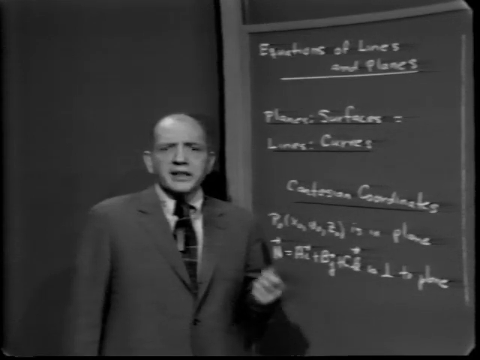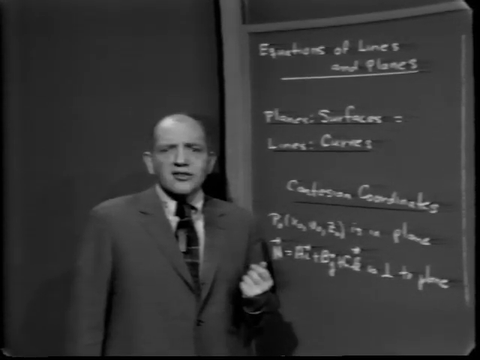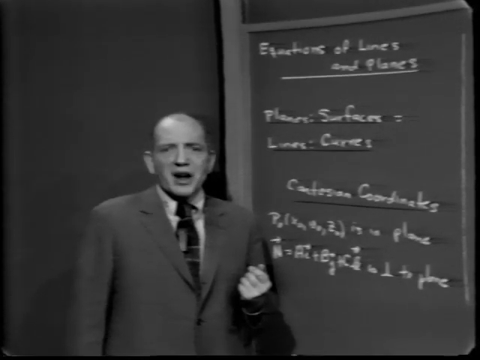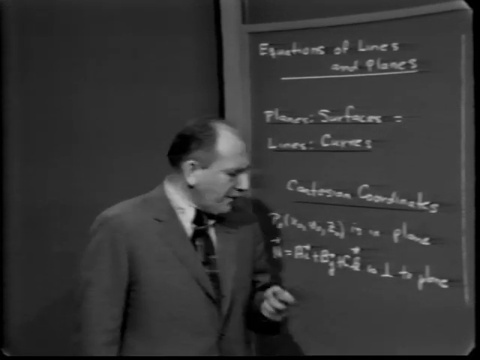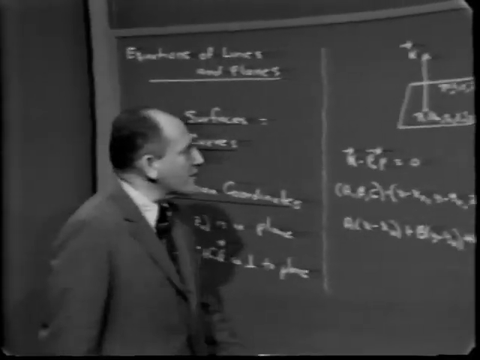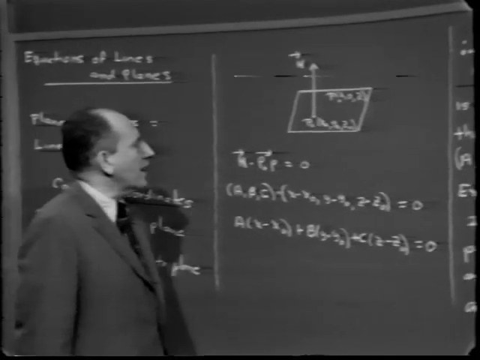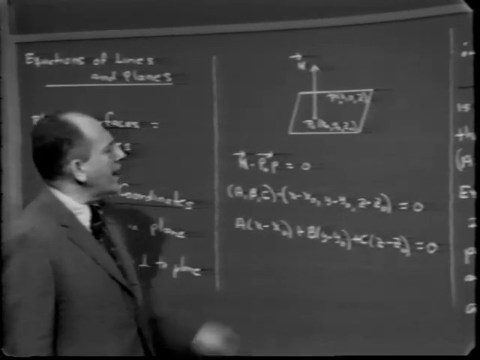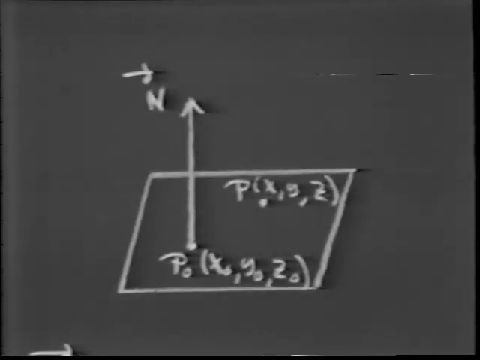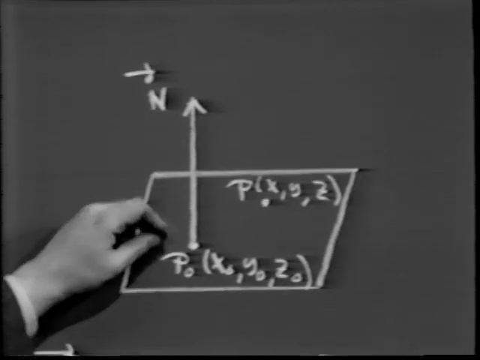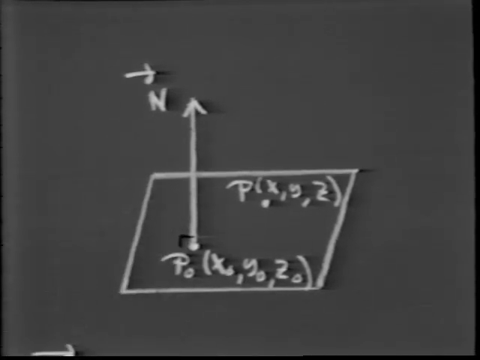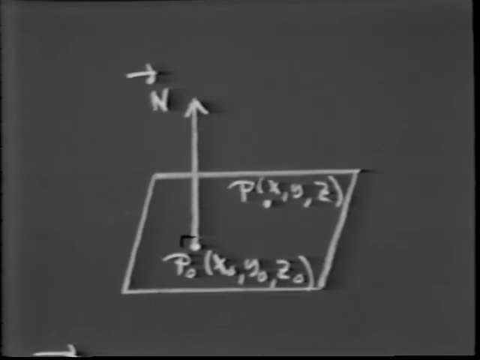We're given a point in the plane, and now in Cartesian coordinates we would like to know the equation of the plane. And as we do so often, we simply come back to a little diagram here that will utilize vector geometry. What we say is, okay, here's P0 in the plane. Here's N normal to the plane. Now we pick any point P whatsoever, any point in the whole world, as long as it's in three-dimensional space.